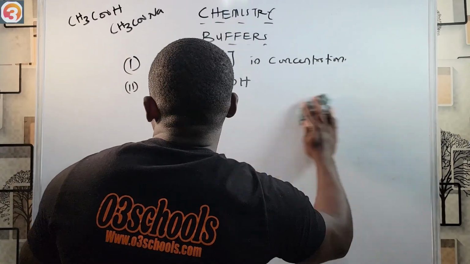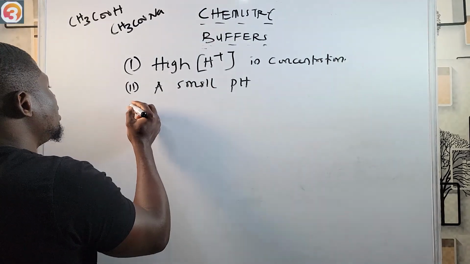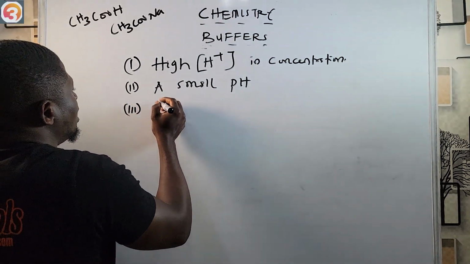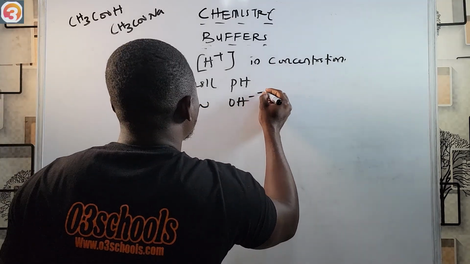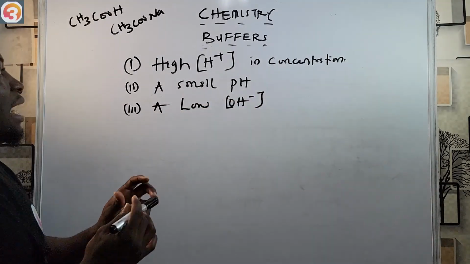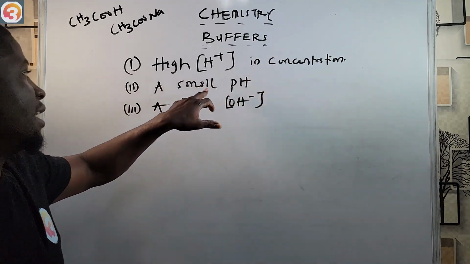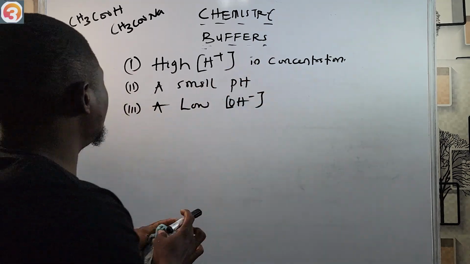If it's having a small pH, number 3, it means you have a low hydroxide ion concentration. So it will have a high hydrogen ion concentration, a small pH, a low hydroxide ion concentration.